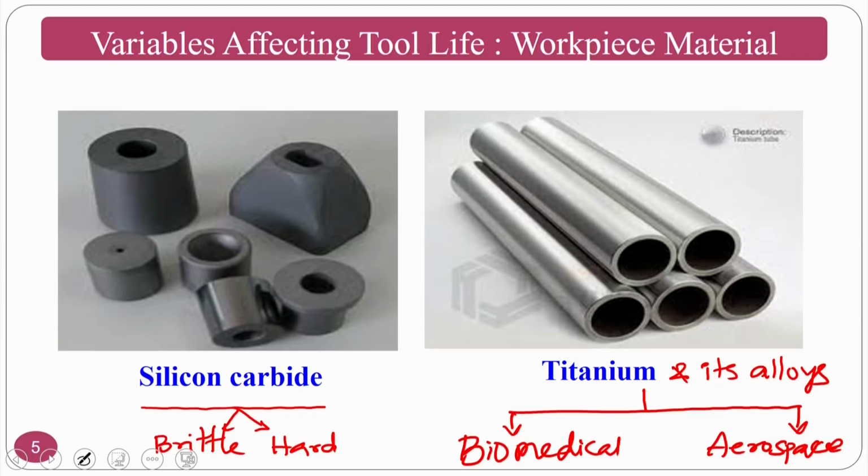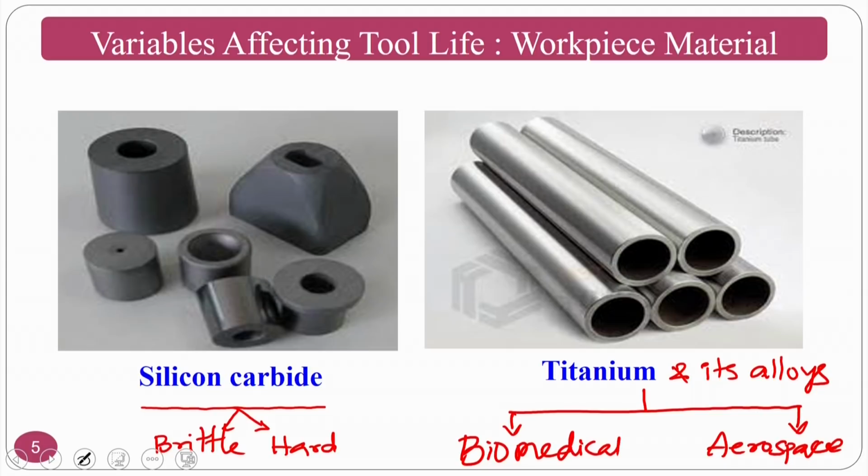In aerospace, as I already said, there are turbine components and all those things. In biomedical applications, titanium and titanium alloys are considered bio-inert materials, so they don't cause anything to the body. That's why implants like knee implants and hip implants are developed from titanium.